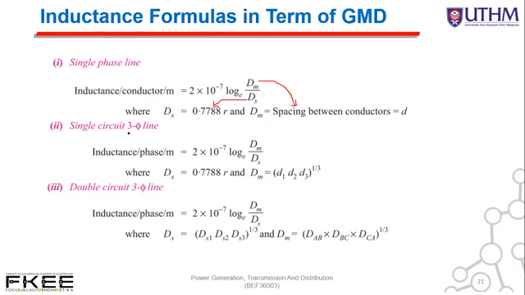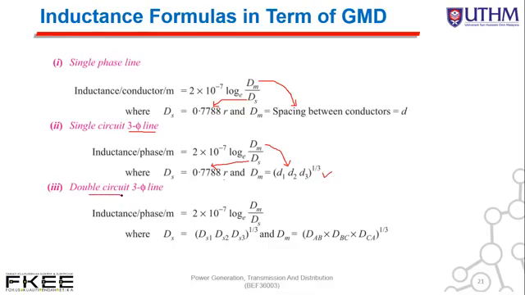While for the case of a single circuit 3-phase line, the inductance per phase per meter is equal to 2 times 10 to the power of minus 7 log_e Dm over Ds, where Ds is similar to the single phase line, that is 0.7788 times radius r, while Dm is the cube root of D1 times D2 times D3, as we discussed previously.